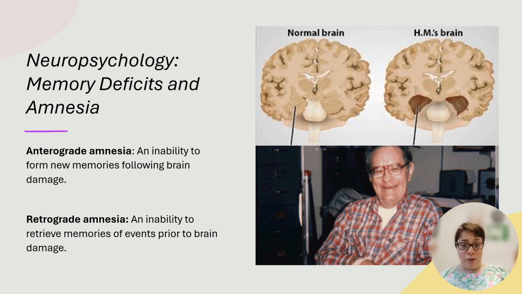Many other patients have been studied since then, and these patients have varied from having very mild amnesia, with memories just barely different from those of people without brain damage, to very severe amnesia.